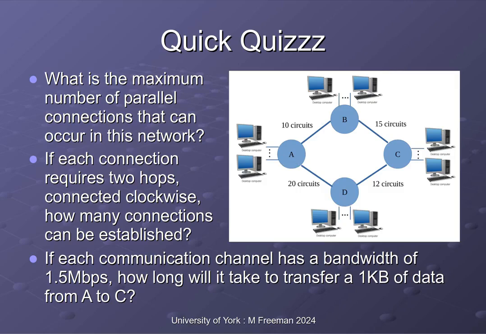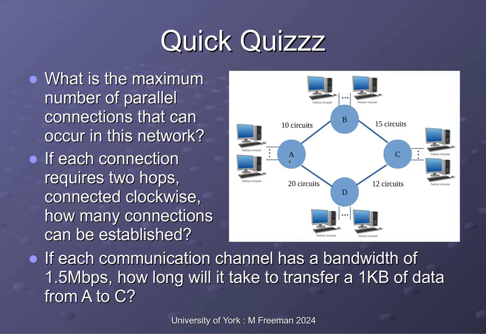In this example here, each connection takes 2 hops. So machines from Group A will connect to Group C, B will connect to Group D, and C will connect to Group A. Each connection, just for this example, takes 2 hops, and the connections are made clockwise.